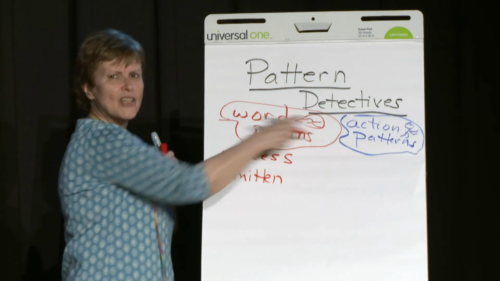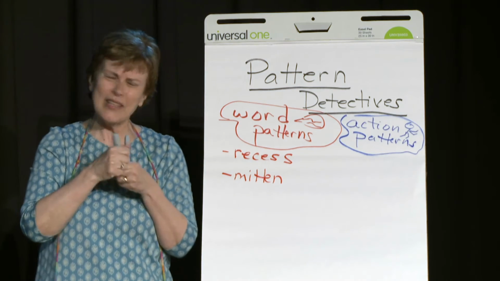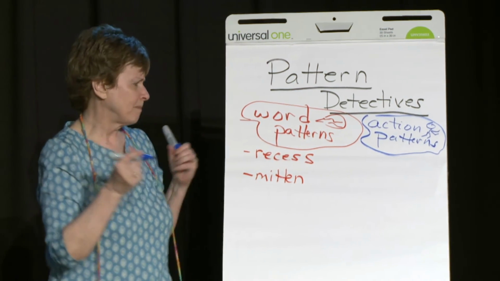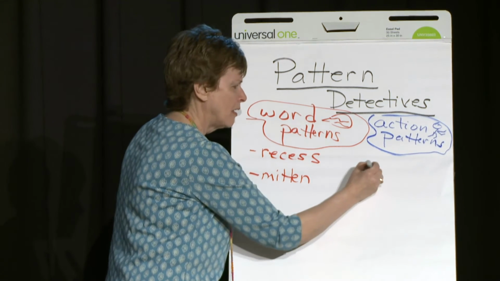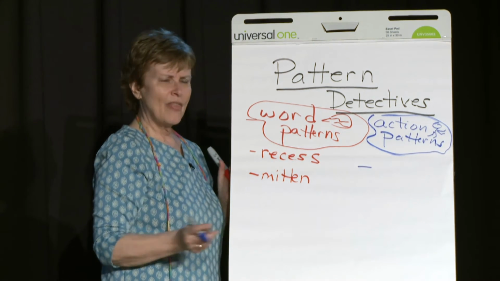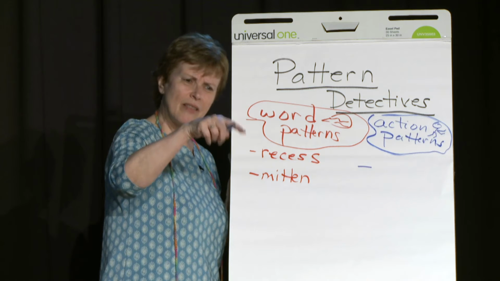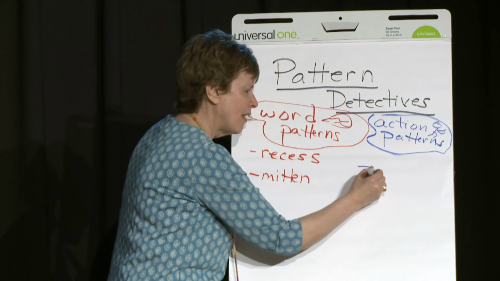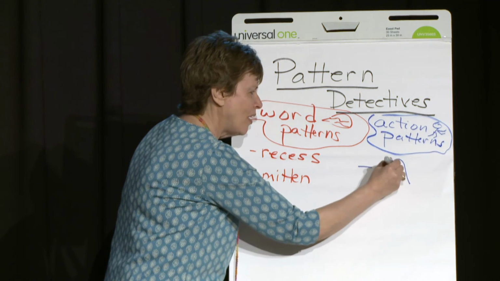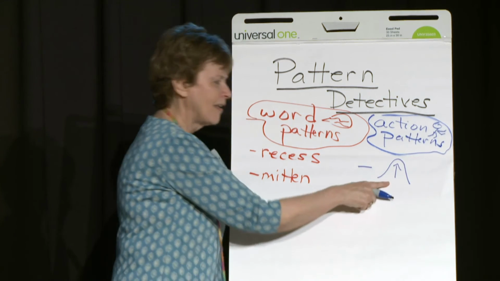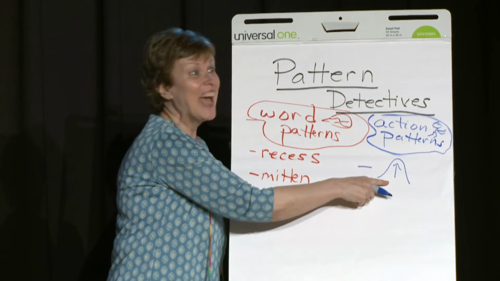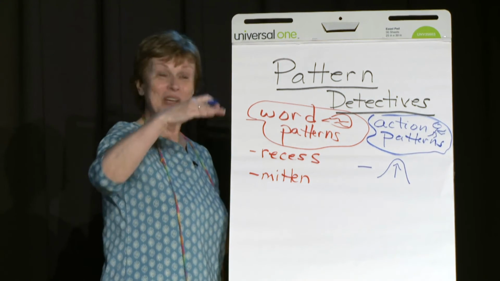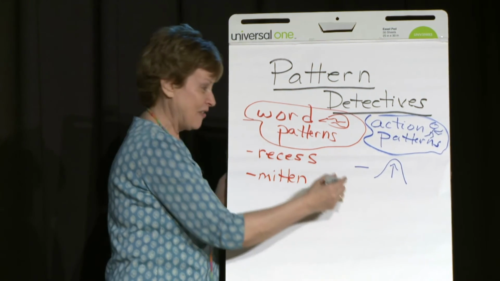Can you think of any actions? What happened in that story over and over again? See if we can think of a couple. They kept throwing their mittens in the lost and found pile. And what happened to that pile? It got bigger and bigger and bigger. So the pile got bigger and bigger. That was an action pattern.